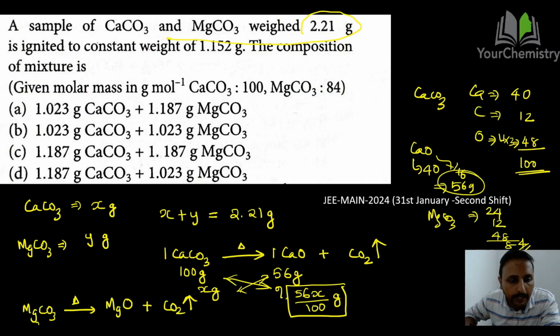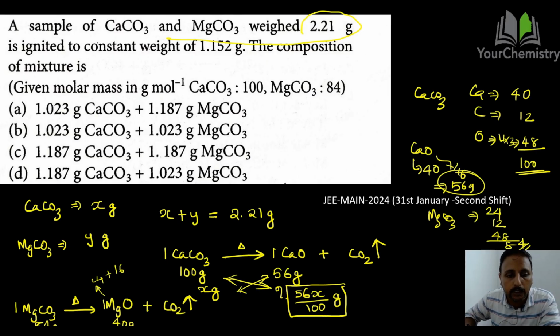So if you heat 84 grams of magnesium carbonate, you will get magnesium 24, oxygen 16. So 24 plus 16 is 40 grams, because 1 mole of magnesium carbonate is giving 1 mole of magnesium oxide. So 84 grams is giving 40 grams of magnesium oxide.